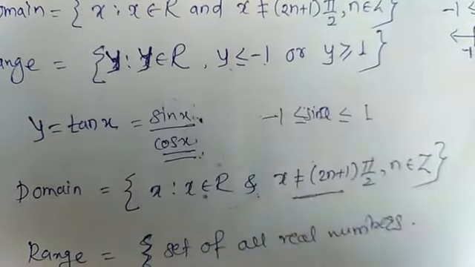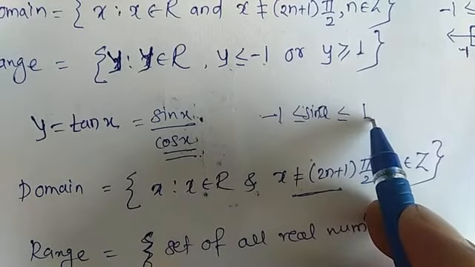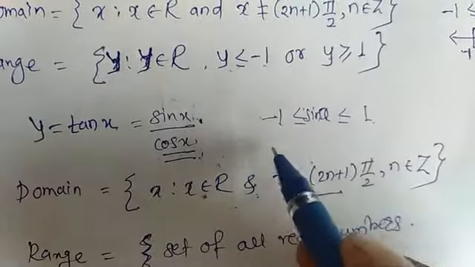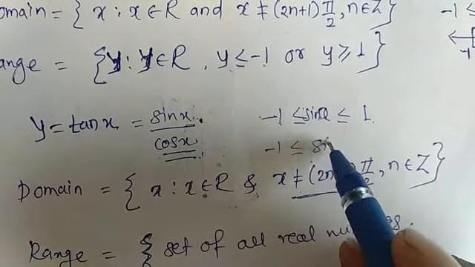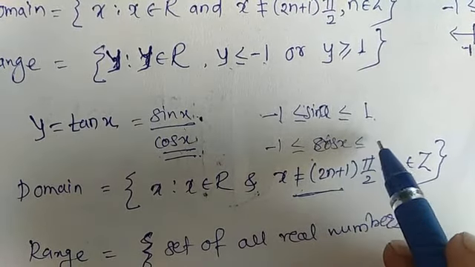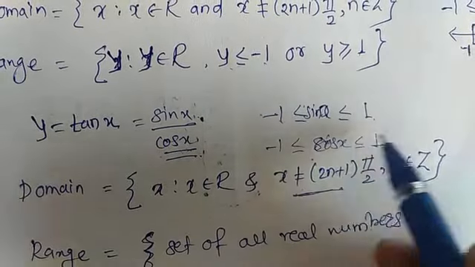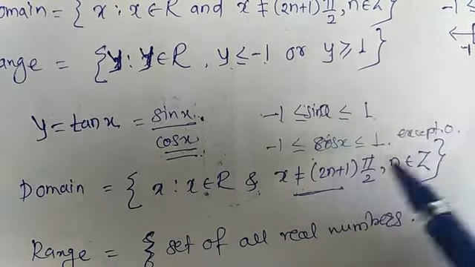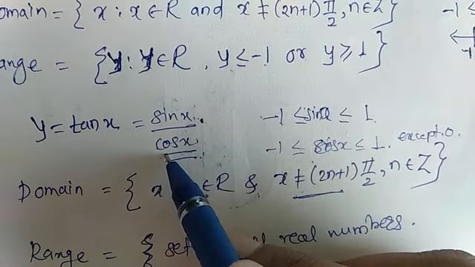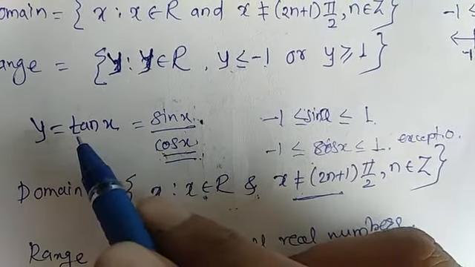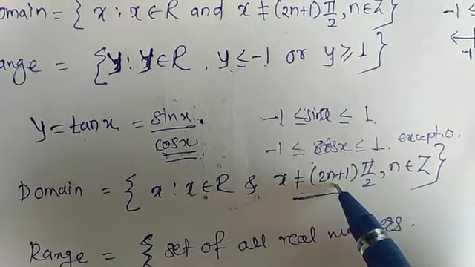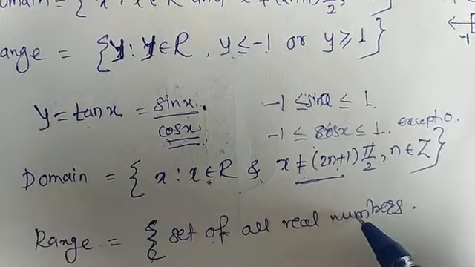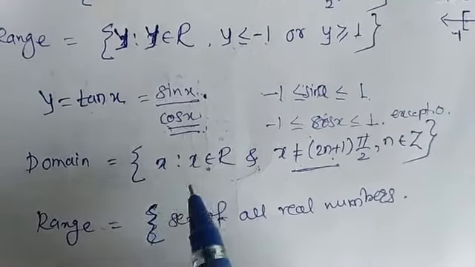Okay, so here the numerator lies between minus 1 and 1, so it does not go toward infinity, and cos x also lies between minus 1 and 1, but here it is except 0, because if you consider 0 it will be infinity. So we have a domain set without infinity, so our range set will be the set of real numbers. Okay, for tan x.